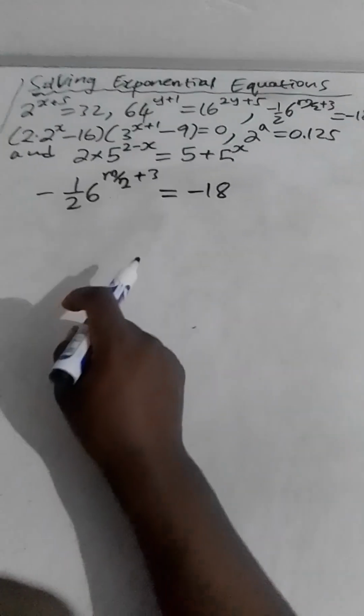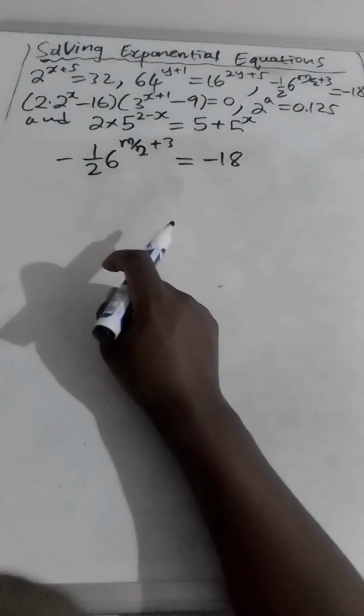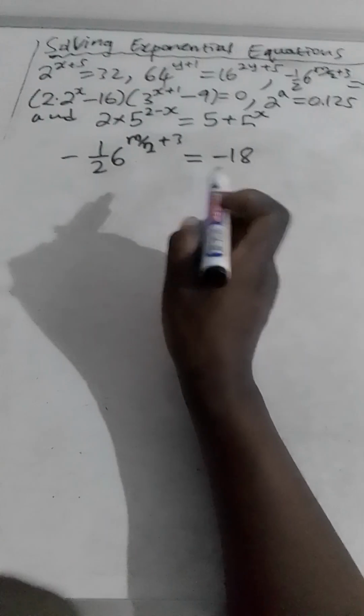Now, let's go to the next one. We have negative half of 6 to the exponent m over 2 plus 3 is equal to negative 18. Now, remember, to simplify an equation, you can do anything you want as long as you do it on both sides the same way.